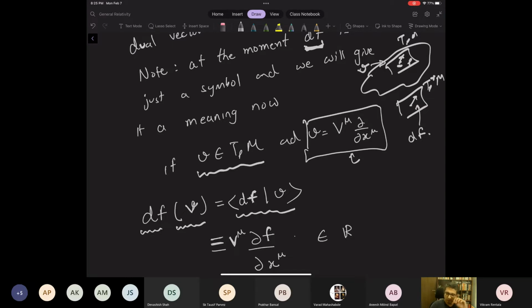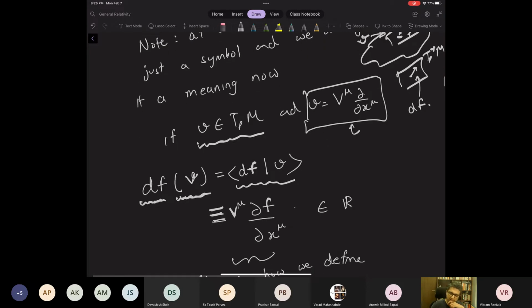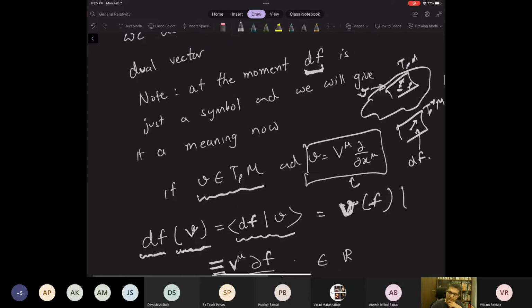We will define the action of this vector df on v as it returns basically v acting on f. This is a number when I evaluate it at the point p. Remember what this was?